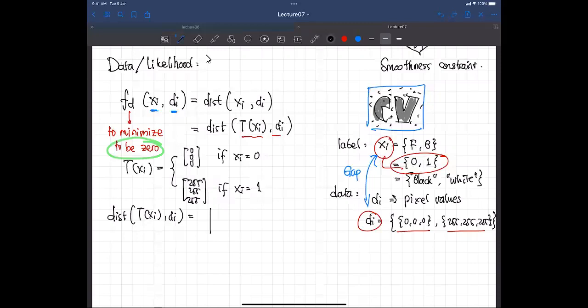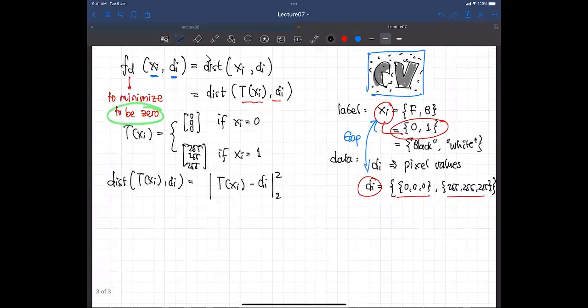So basically the easiest expression will be t of xi minus di. But this one has to be normalized. Is that understandable? So it means that you have the sum.